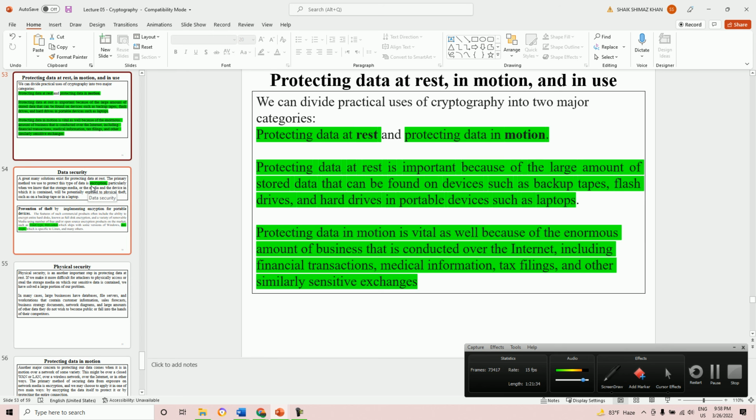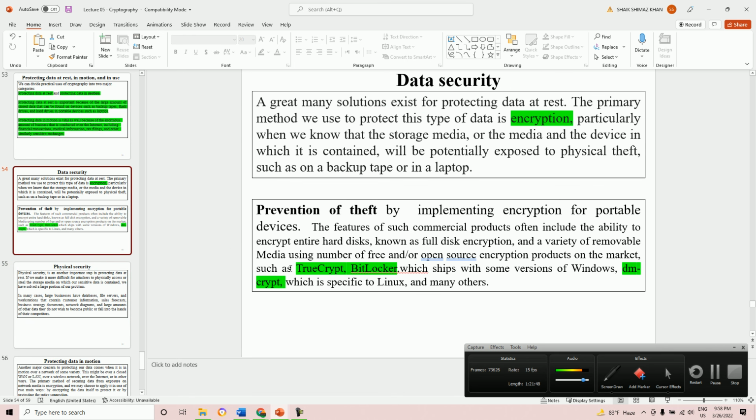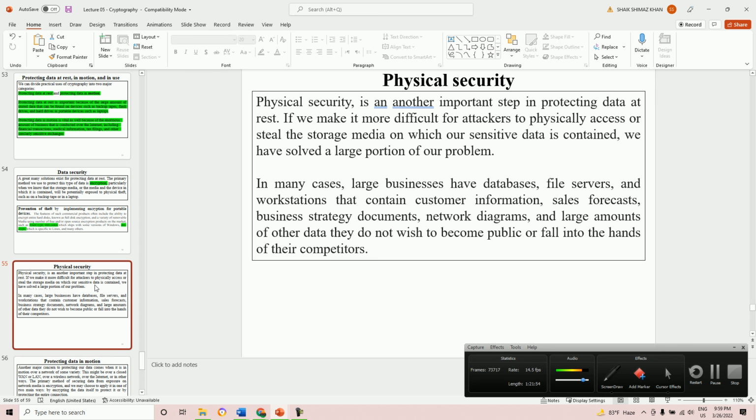Also we can use hashing and digital signatures to provide comprehensive security. So if you want to encrypt, these tools can be used in Windows, and DMCrypt can be used in Linux. Physical security is another important step in protecting data at rest.